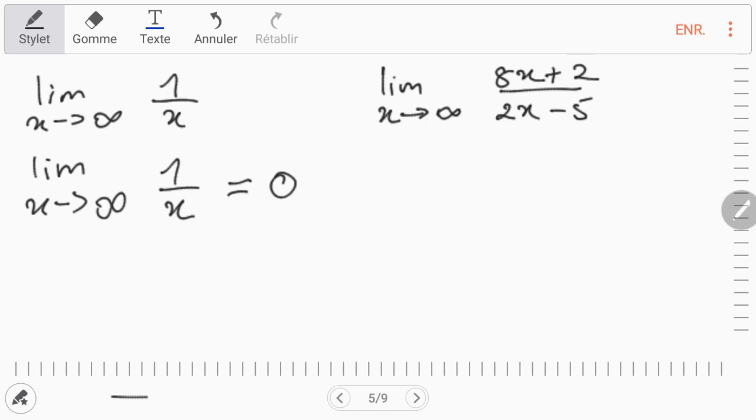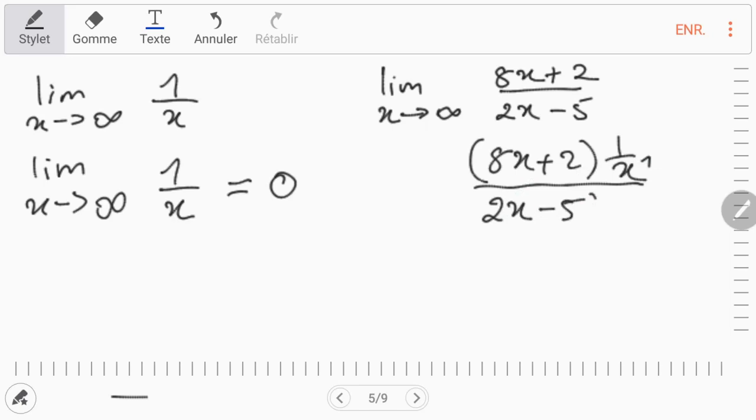But we can solve it by multiplying 8x plus 2 by 1 all over x, because the highest power of x is degree 1, all over 2x minus 5 and 1 all over x.